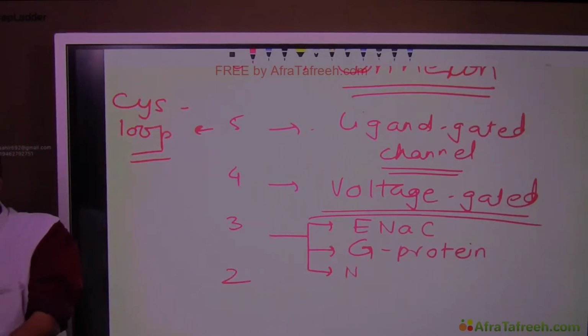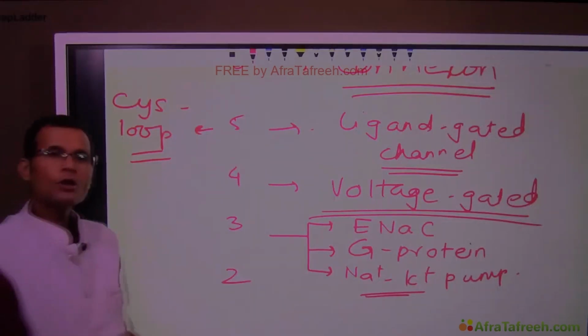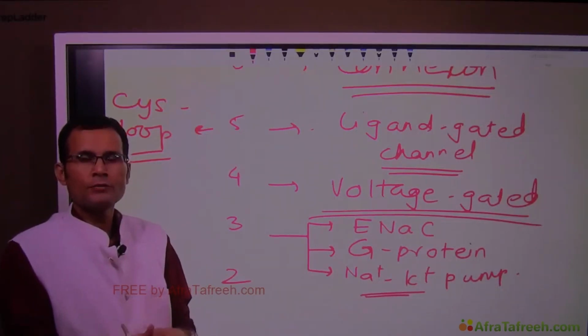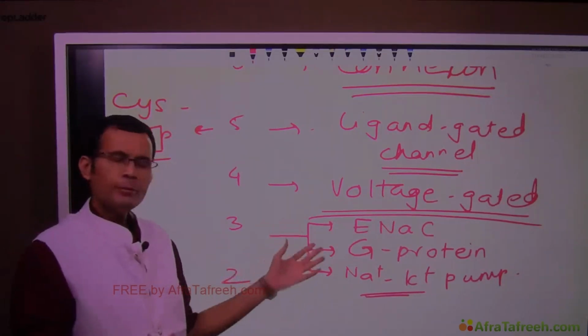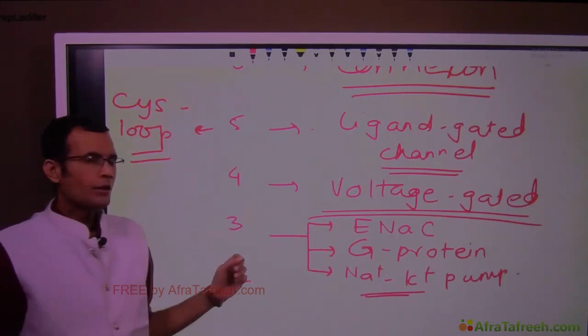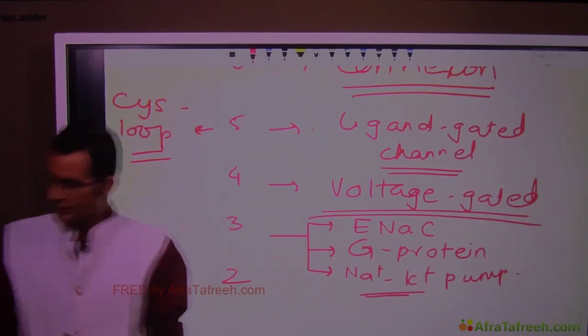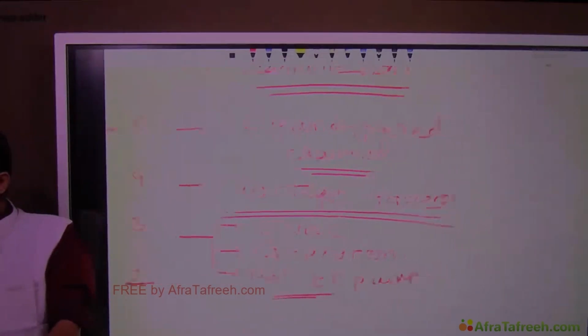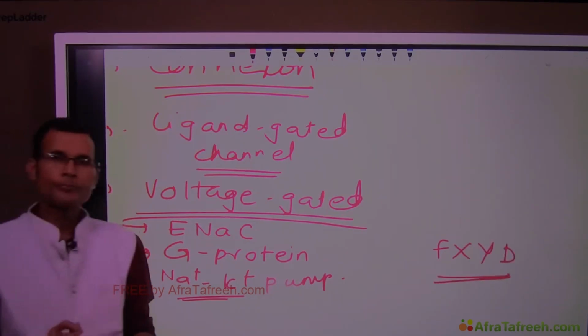Sodium potassium pump is a trimeric protein. Now that's debatable, because I am sure most of you have read the authors which have said sodium potassium pump has 2 subunits, alpha and beta. But recently another subunit has been discovered for sodium potassium pump, and that's gamma subunit. And gamma subunit has been said to be belonging to the category of proteins which are called as FXYD proteins.